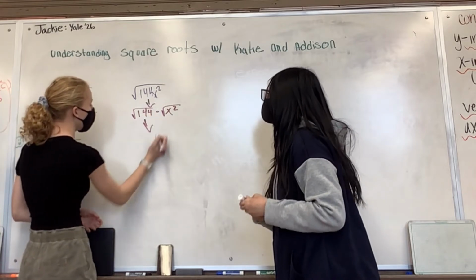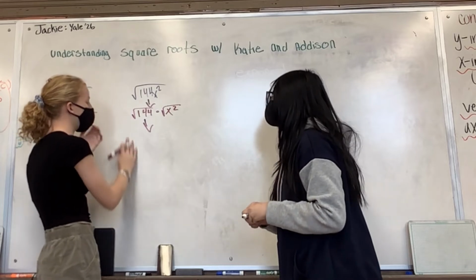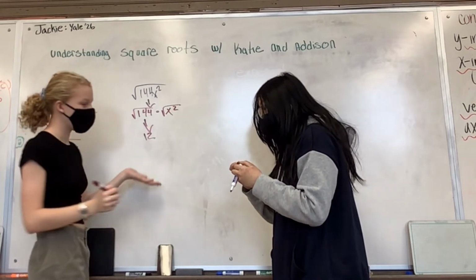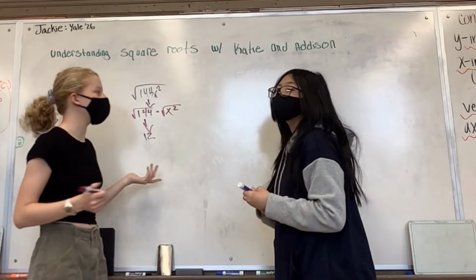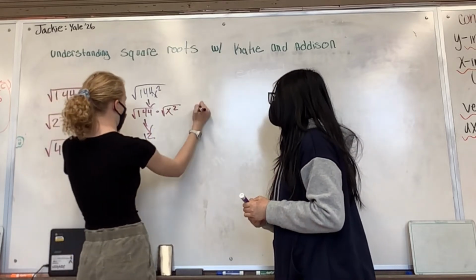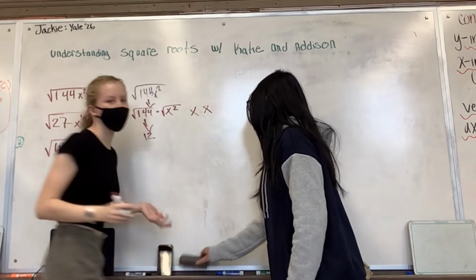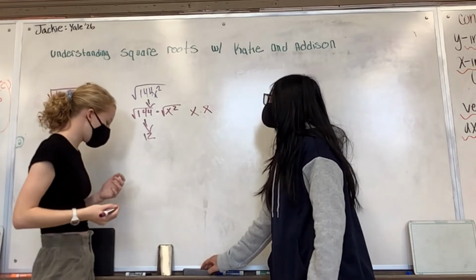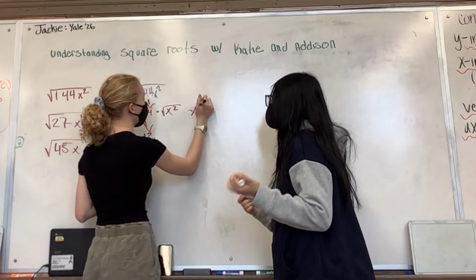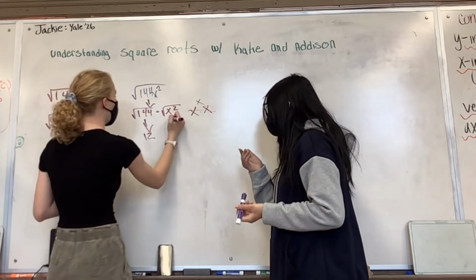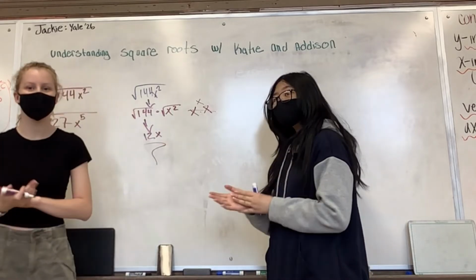The first part I usually do is the number, which is 12. Then you have the variable and the exponent, which can be solved by expanding it. You would cancel out each group of 2. In this case there is 1 group of 2, so this would just be x. You bring that over here, and the answer is x.